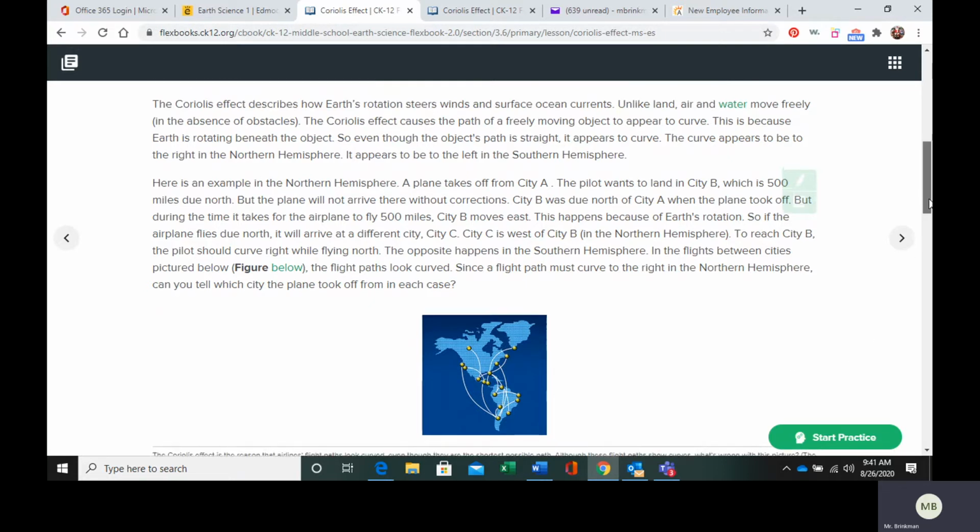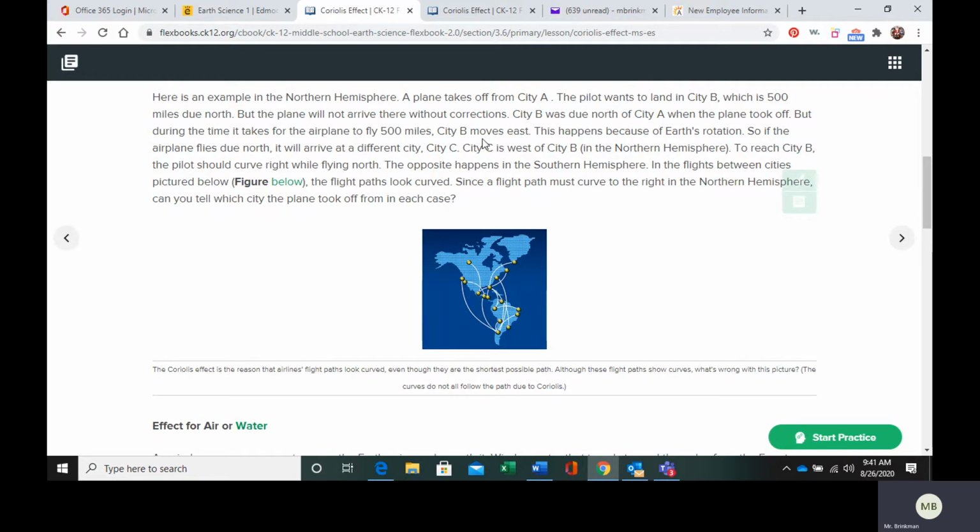This whole explanation of how a plane needs to fly differently to get from city A to city B is a little bit confusing, and it is one of the questions in the practice. So the plane takes off from city A and wants to land in city B, which is north. But here's the thing.